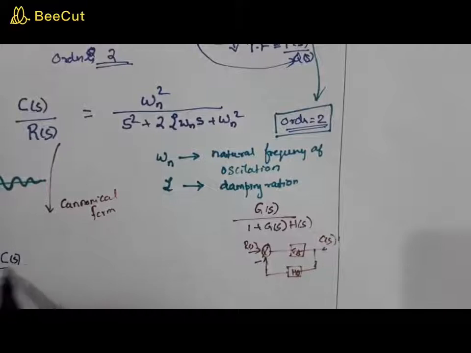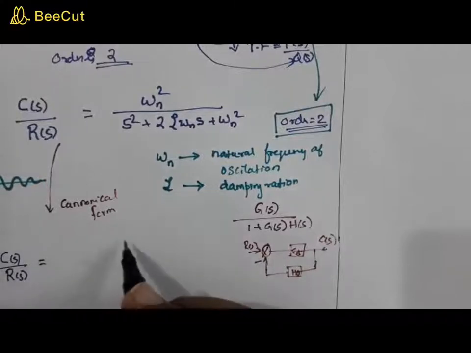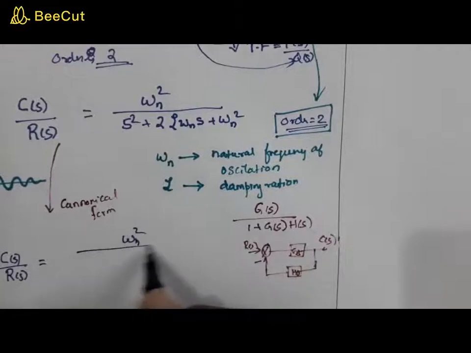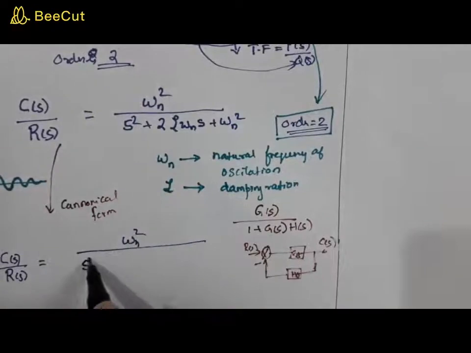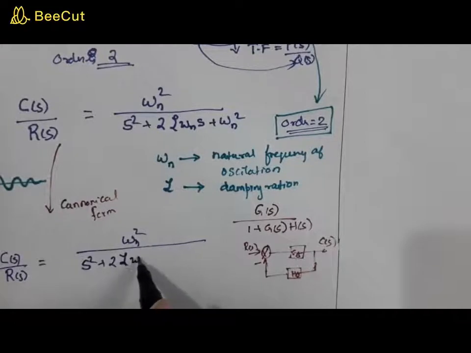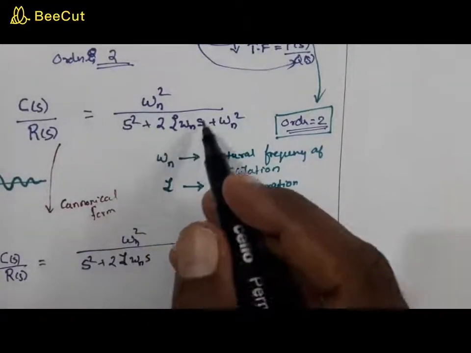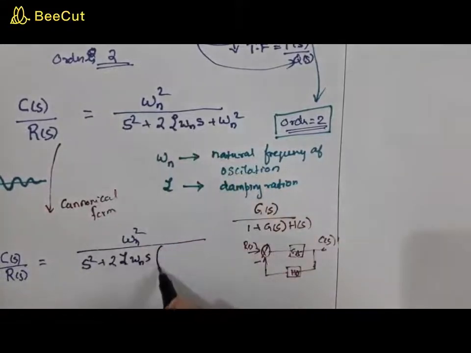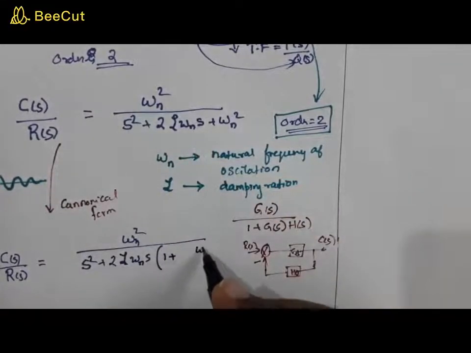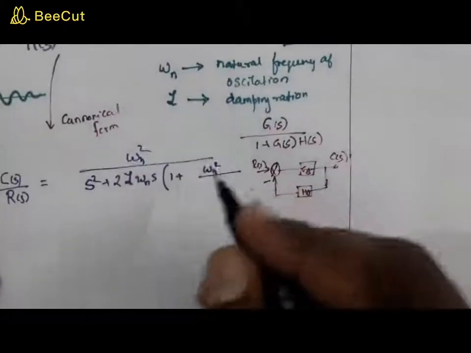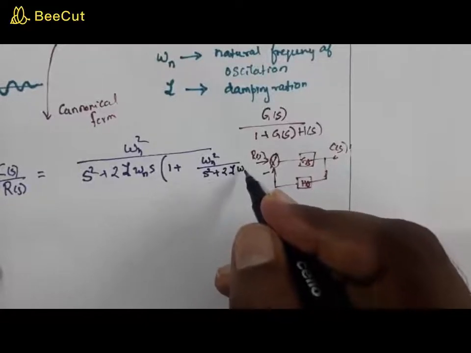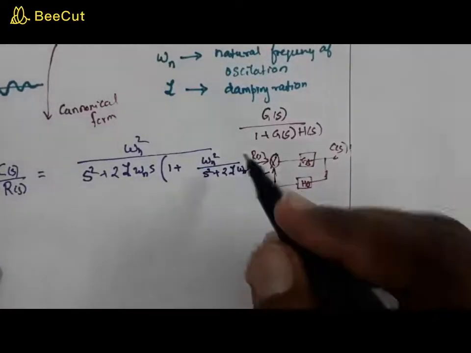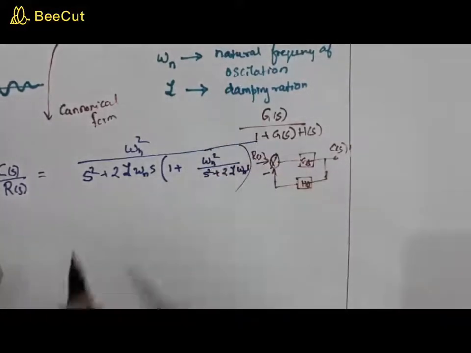Say C(s)/R(s) is equal to, keeping that omega n squared as such, and in this equation I'm taking s squared plus 2 zeta omega n s outside, so that you will get this as omega n squared divided by s squared plus 2 zeta omega n s.